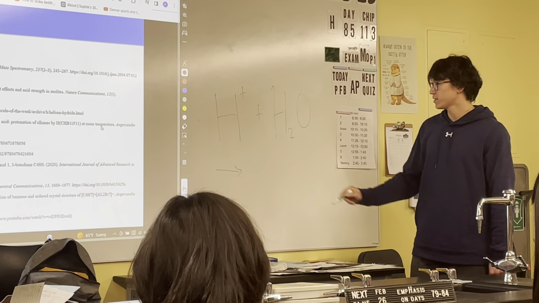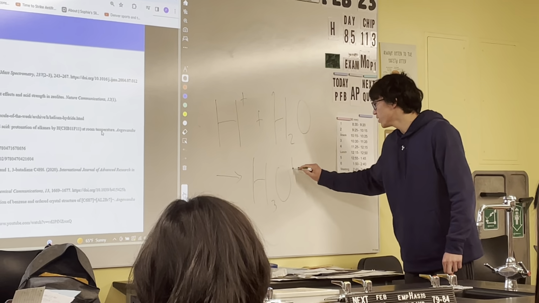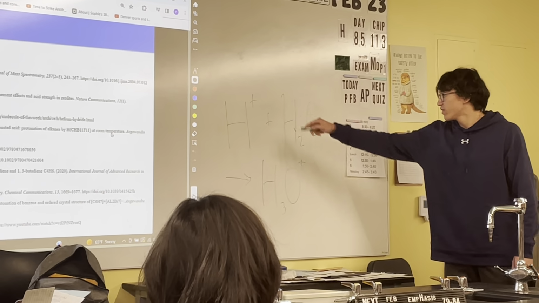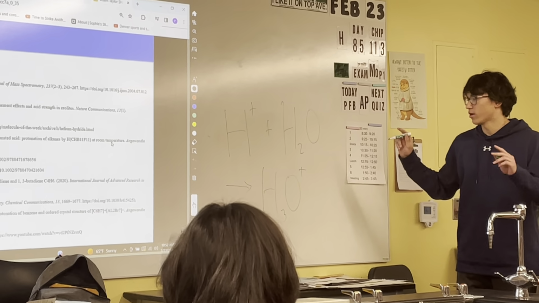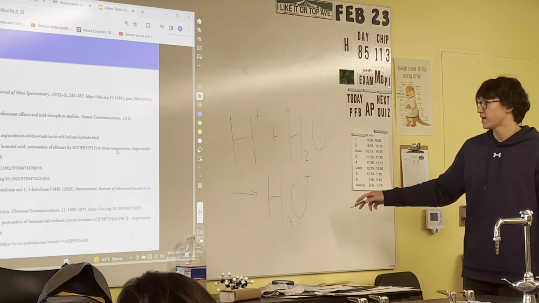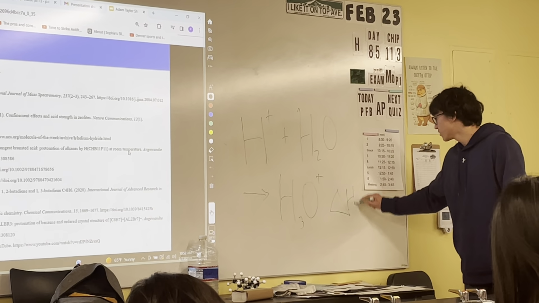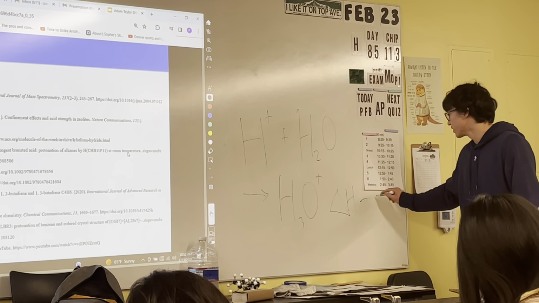So technically, you should write it as H3O plus. This is basically a hydronium ion. We don't really write that, because whenever you write H plus, it's just assumed that that forms. But basically, you just protonate water. And this process, depending on the strength of the acid, can be really exothermic. So if you put delta H for a really strong acid, it would be a big negative number. Yes?